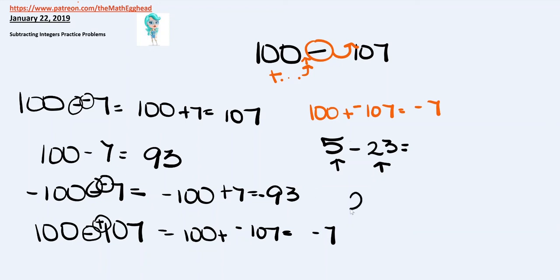Okay, well, I know that 23 minus 5 is easier to set up. So 23 minus 5 is 18. So I'm going to put 18 here. That is incorrect. That is not the same.